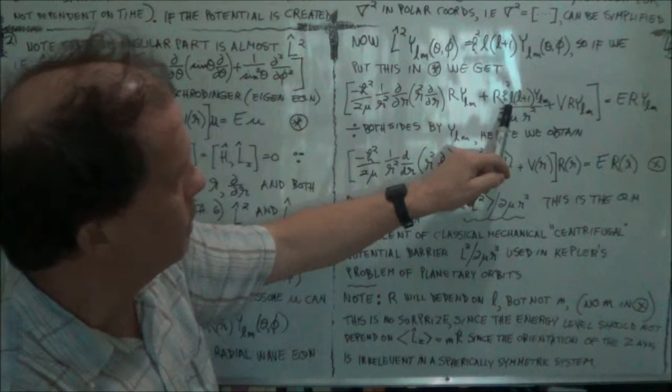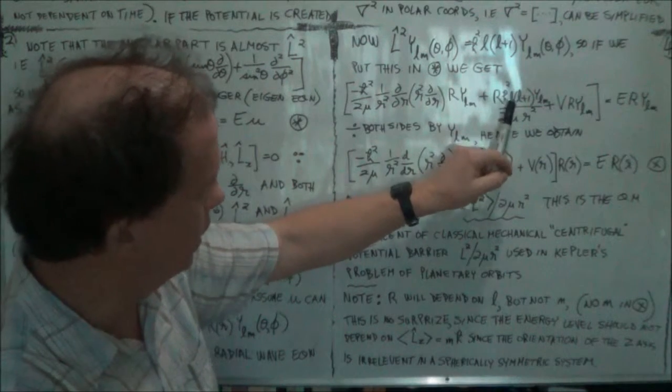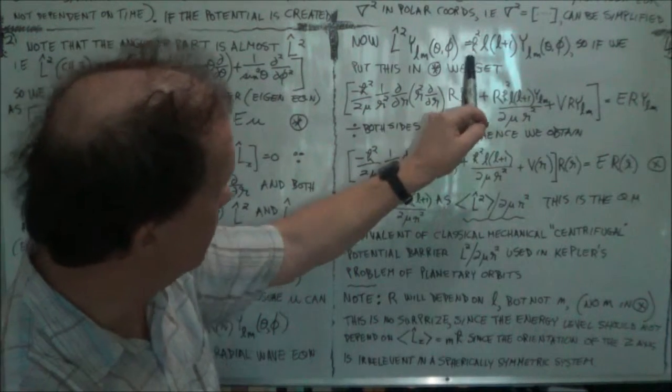And so the right-hand side becomes the eigenvalue. Well, that's just h bar squared l into l plus 1.